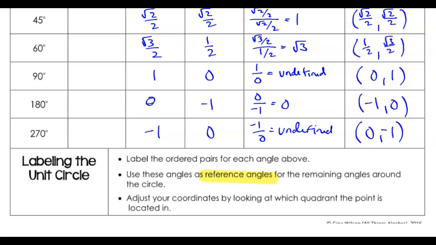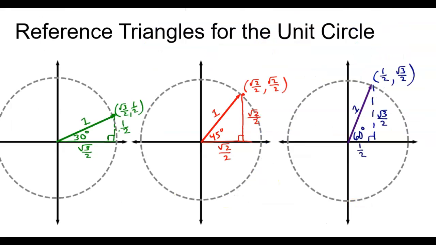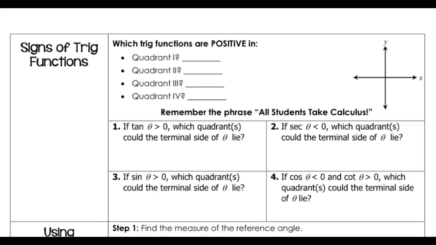We're going to be looking for those because that's going to tell us the triangle we're going to look at. And then we're going to adjust our coordinates based off of which quadrant it's in, because some are going to be positive and some are going to be negative when we're looking at those ratios. So let's take a look at how we come across those.